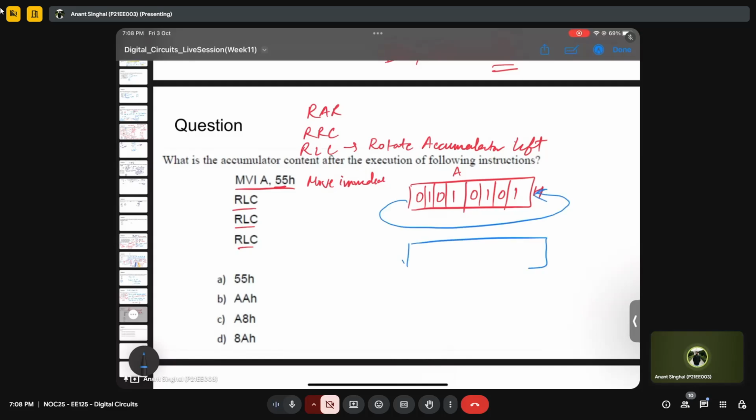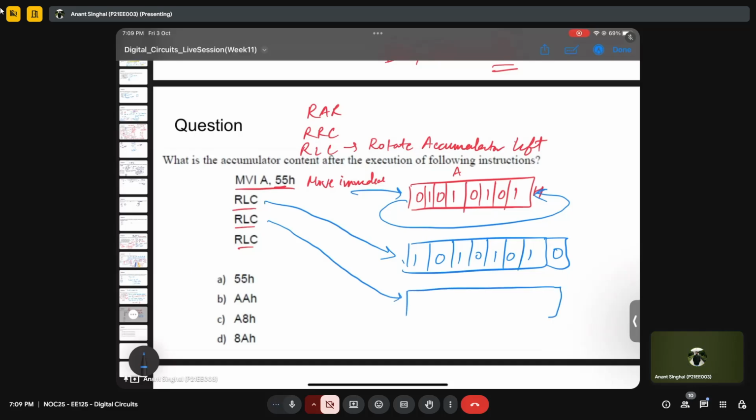So the first RLC rotates the bits to the left, so we get 1 0 1 0 1 0 1 0. So the first line has done this. The second line has done this. The third will move again and do the same thing, the left rotation. So this one will come here, 0 1 0 1 0 1 0, and it will happen one more time.